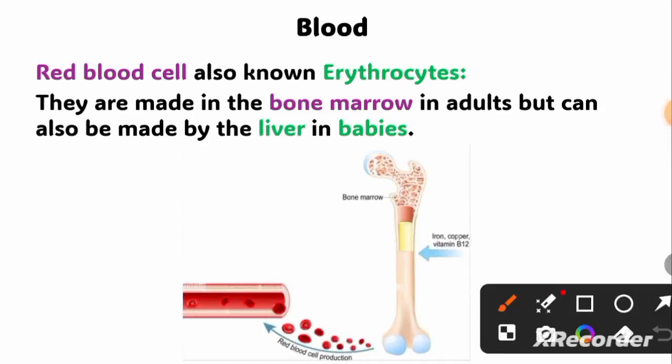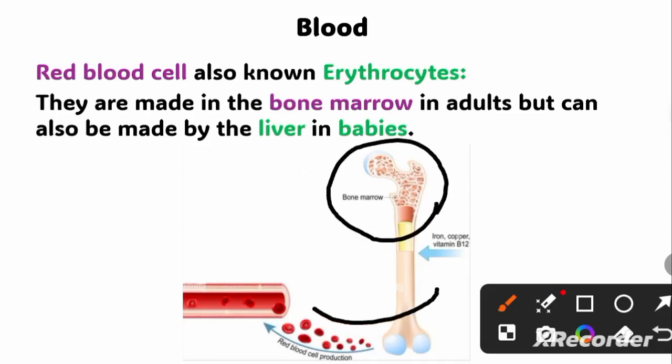We can see the bone marrow producing red blood cells, and these red blood cells are being sent to the blood vessel so that they can execute their functions.